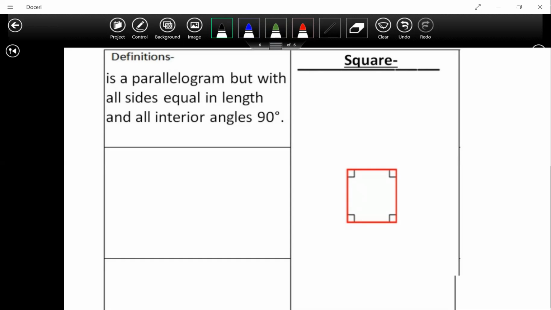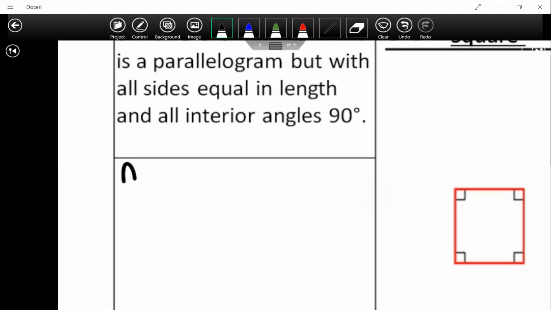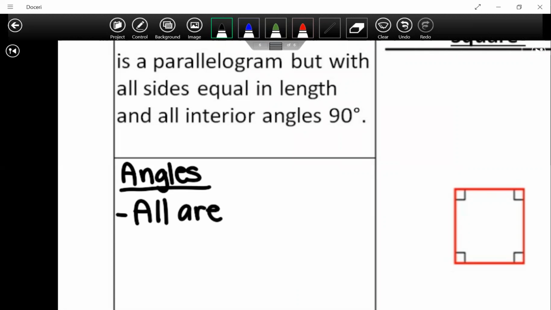So let's look at this. Let's look at angles. This is kind of the big final one. Angles: all are congruent. All are 90 degrees.